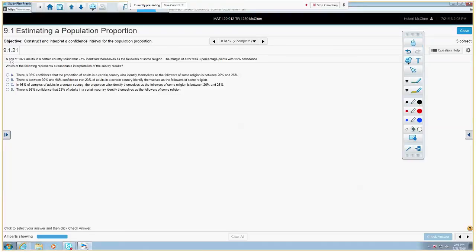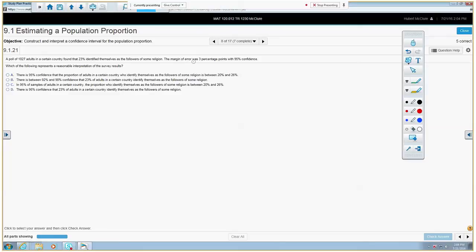Okay, a poll of 1,027 adults in a certain country found that 23% identified themselves as some religion.